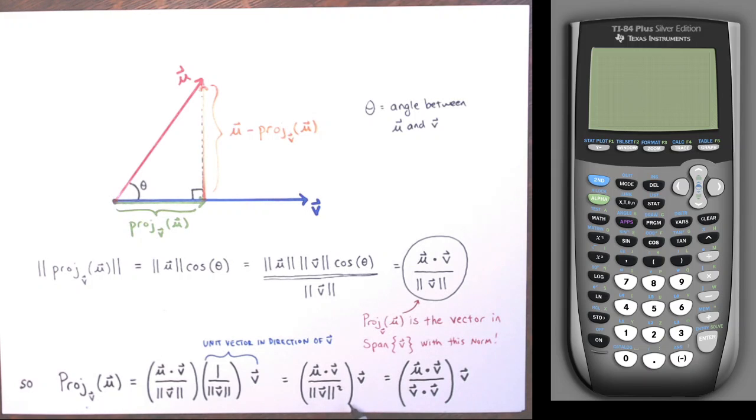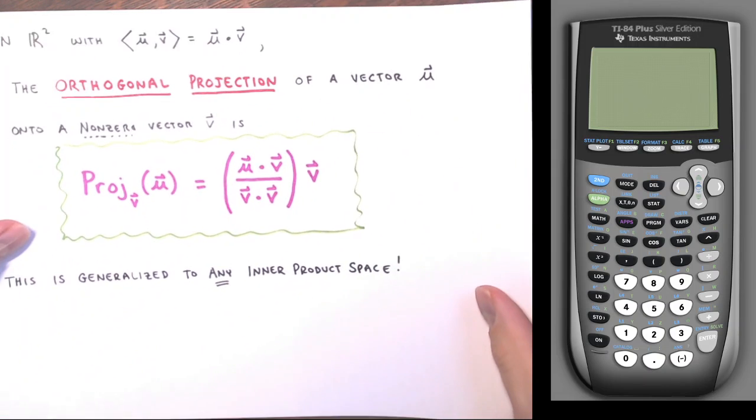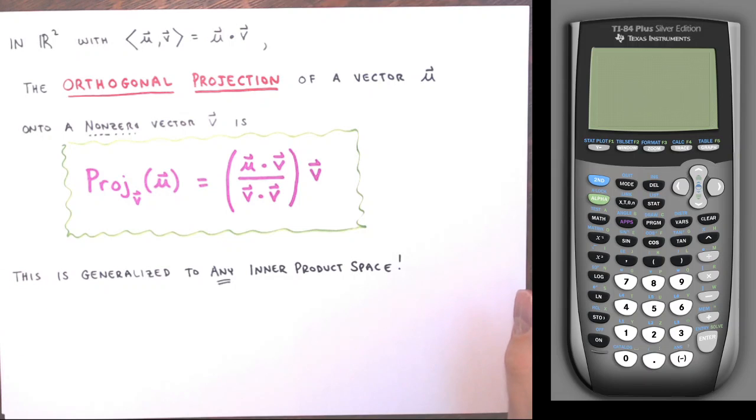And another way to see this, remember the norm of v squared was just v dot v. So another way I could see the projection of u onto v is u dot v divided by v dot v, this scalar, times vector v. And I've written this fully on the next page. We'll go into examples, of course, but just bear with me here for formula development.